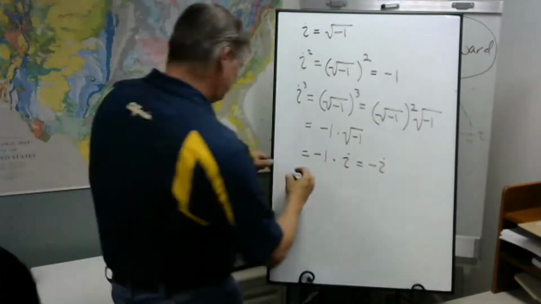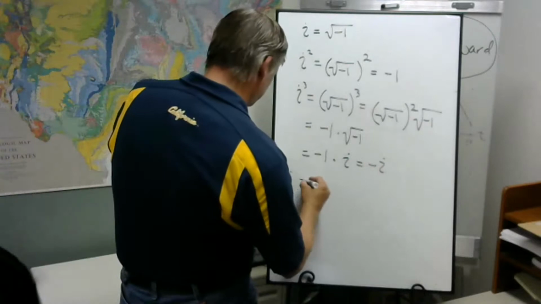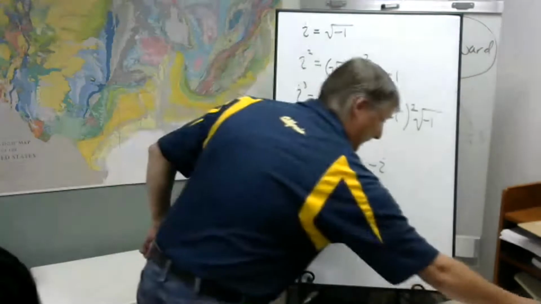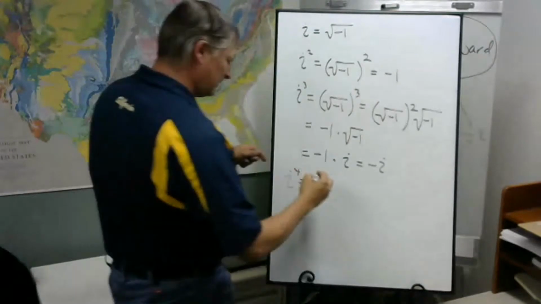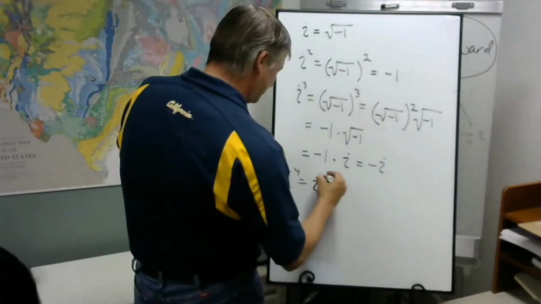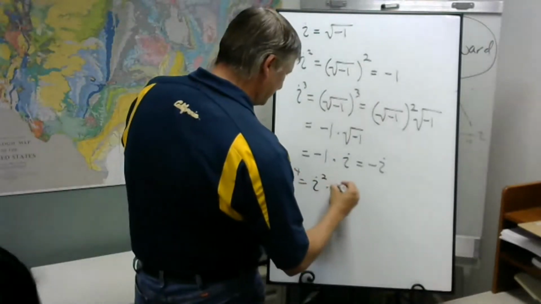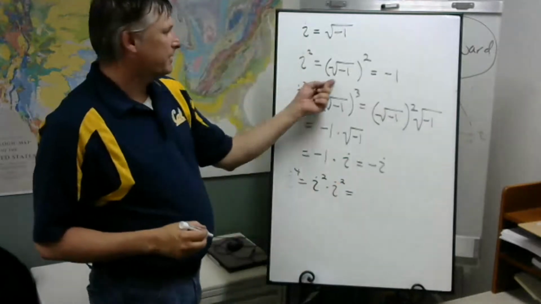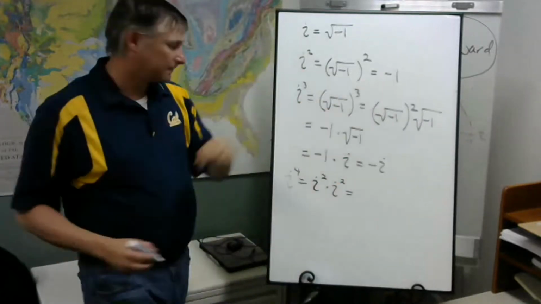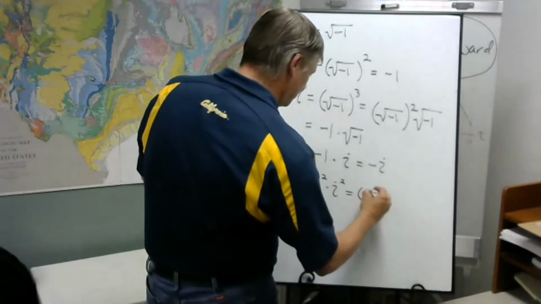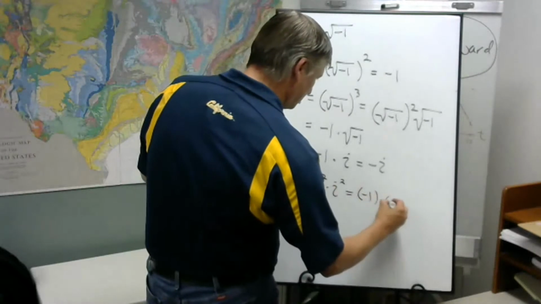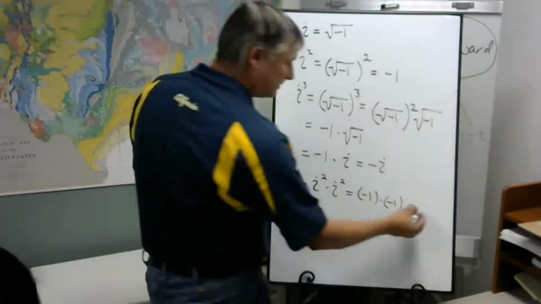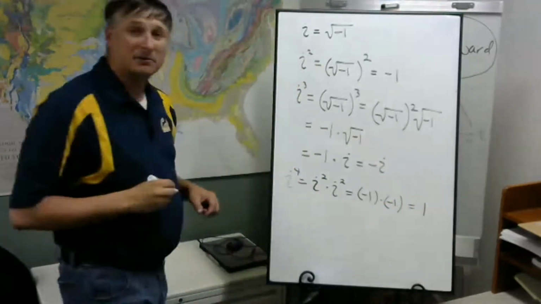i to the 4th. Well, we can write this as i squared times i squared. Now, i squared, we know is -1. So -1 times -1 is +1.